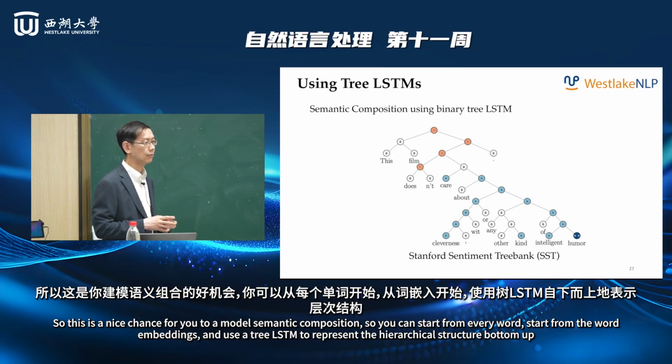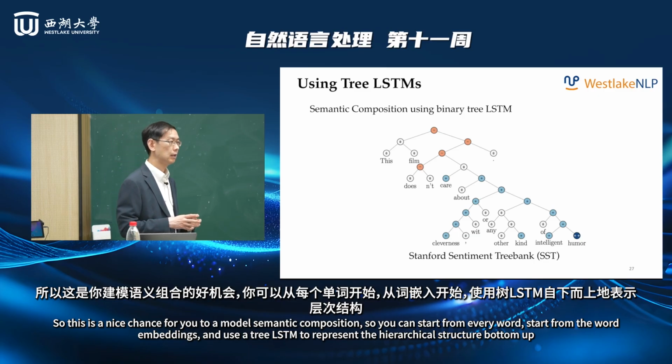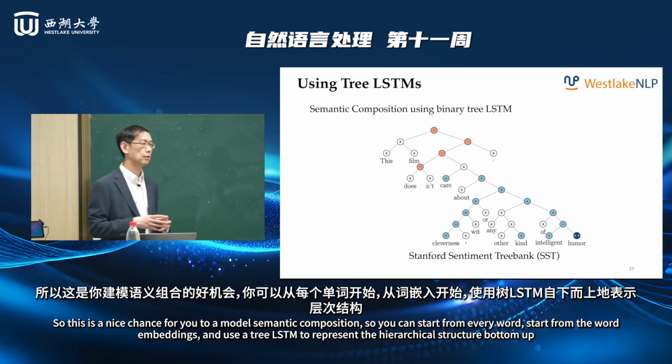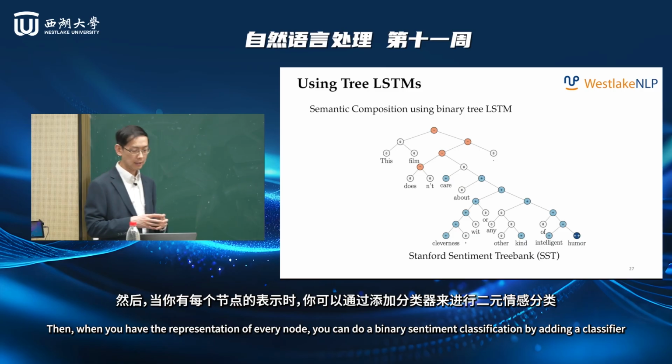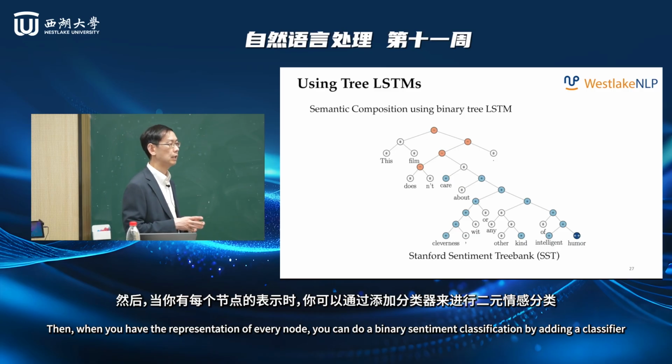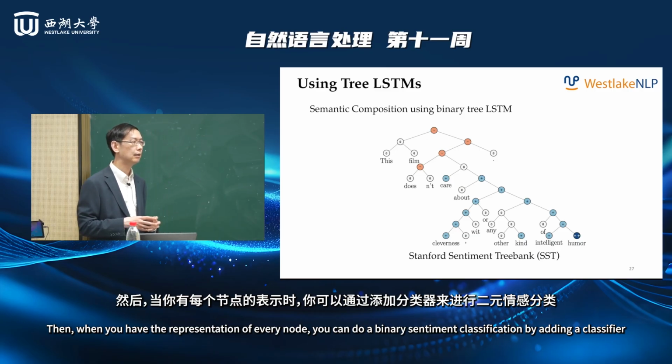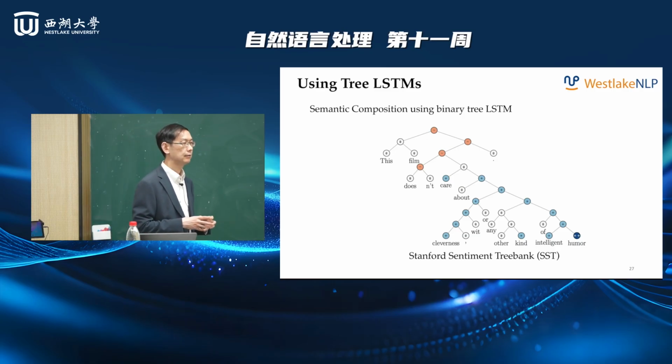So you can start from every word, start from the word embeddings, and use a TreeLSTM to represent the hierarchical structure bottom up. Then when you have the representation of every node, you can do a binary sentiment classification by adding a classifier.